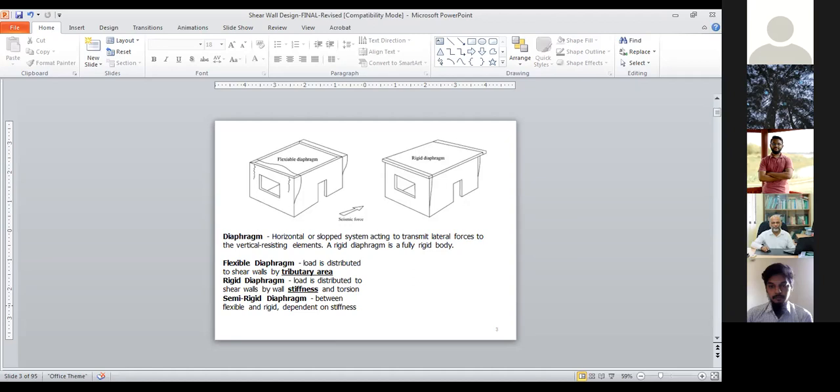So you can assume an in-plane rigid diaphragm. But if you have a steel building, I don't have that experience, I believe that with a steel building, if your slab thickness is very small, you may consider the flexible diaphragm if you go for steel building design using the deck system with very low slab thickness, something like that.